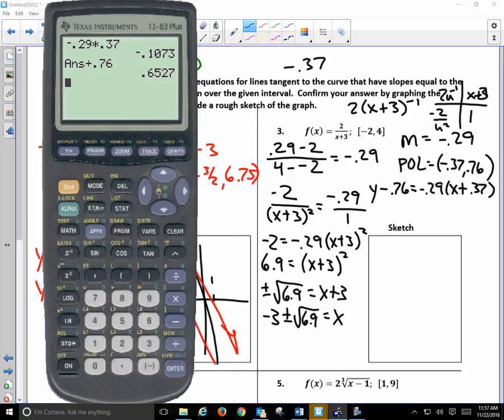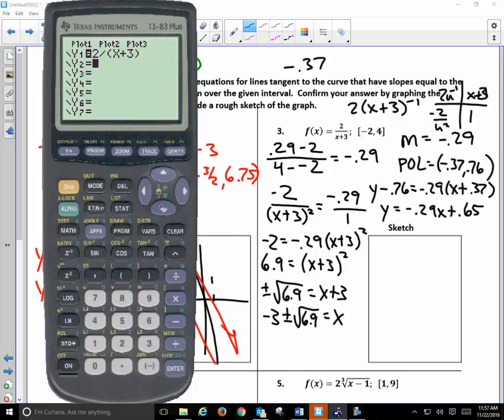Okay, 0.65. So y equals -0.29x plus 0.65. As we sketch that graph, hopefully it will be tangent. And it looks like it is tangent.